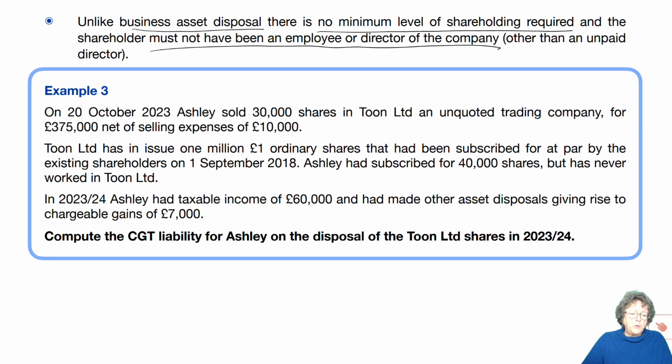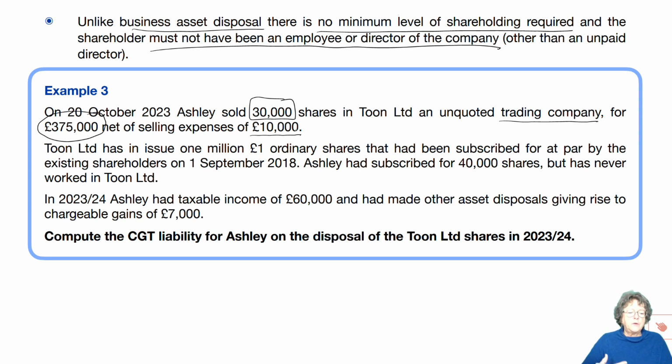20th of October, Ashley sold, be careful here, this is where you have to read the question carefully, 30,000 shares. Unquoted, it's a trading company, for 375 net of expenses of 10,000. So that's already been deducted.